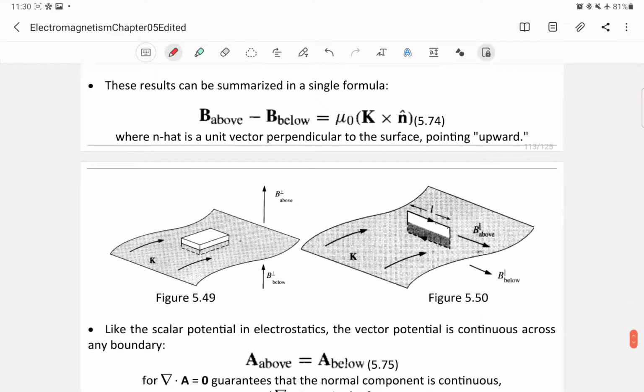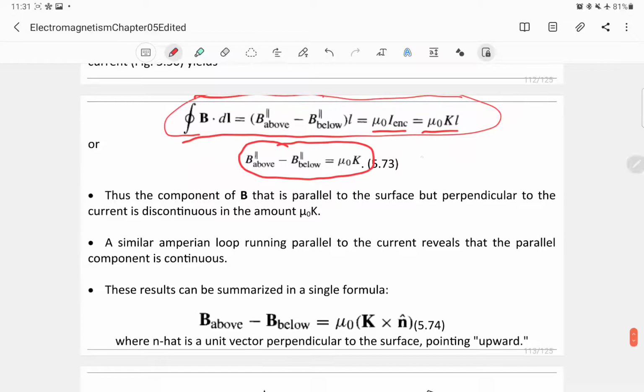If you look at this figure, K is going there and your Amperian loop is here. You have B above and B below. What contributes to this one is just the length here above. So you will have this discontinuity.